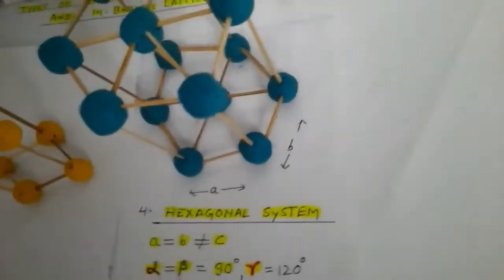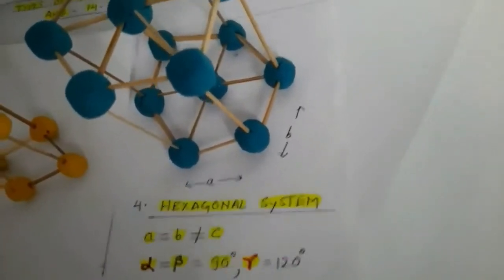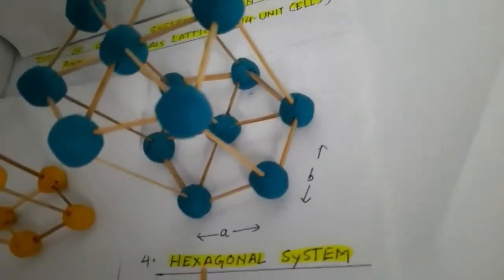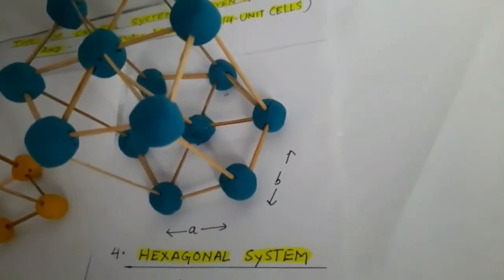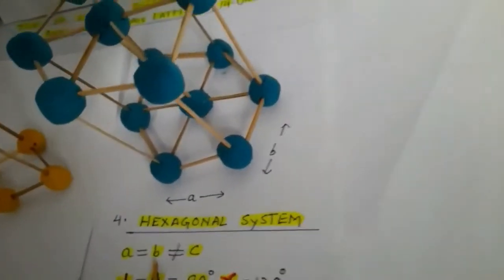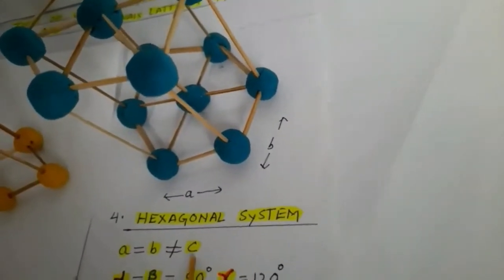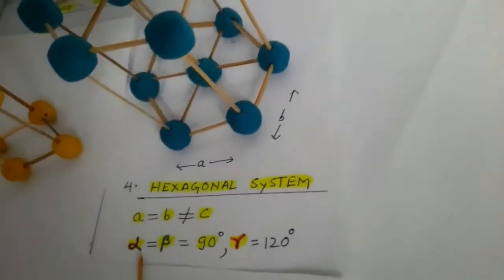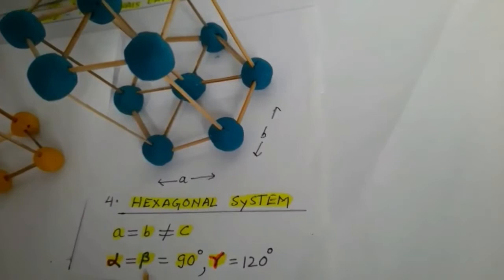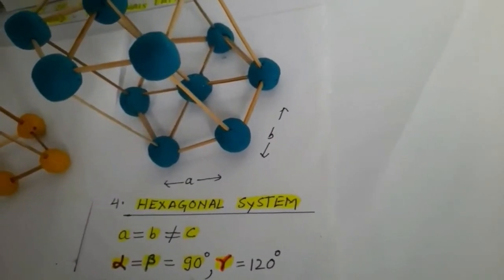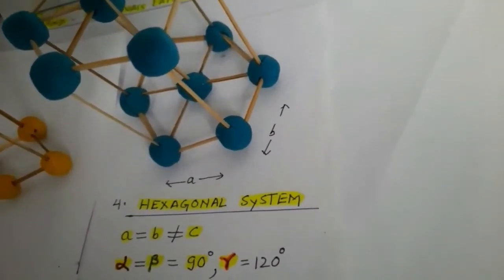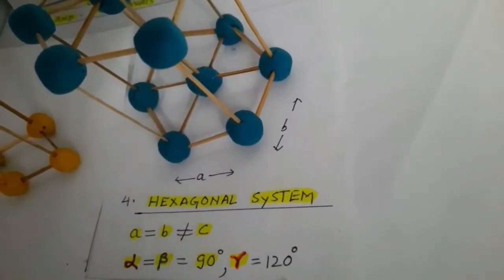The 4th crystal system is the hexagonal crystal system, where edge length A is equal to edge length B, but it is not equal to edge length C, and angles alpha and beta are equal to each other and they are also equal to 90 degrees, whereas angle gamma is equal to 120 degrees.